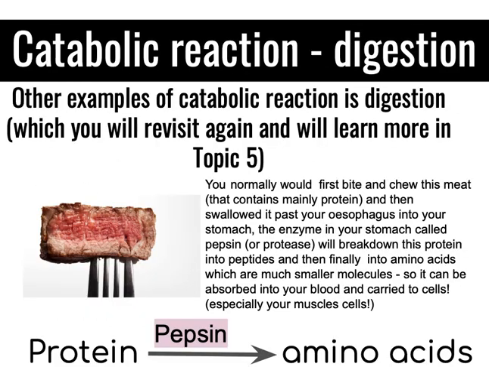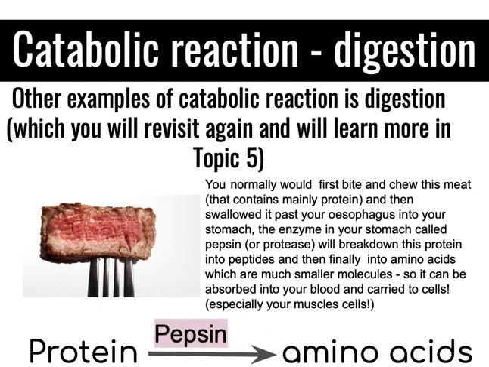Another example of catabolic reaction is digestion. You will come across this when you are learning about topic 5, animal digestion. So the example is the breakdown of protein into smaller molecules. The final product is amino acids, and the enzyme that you need is pepsin.